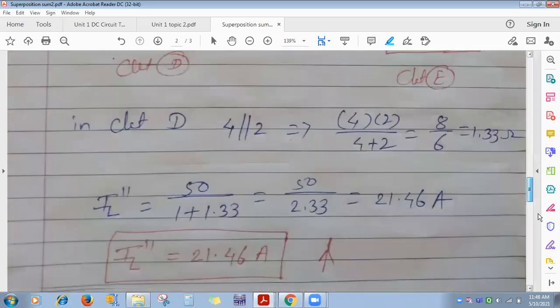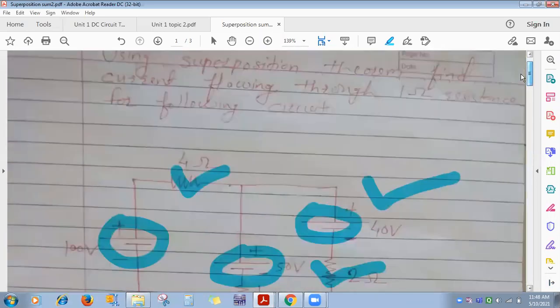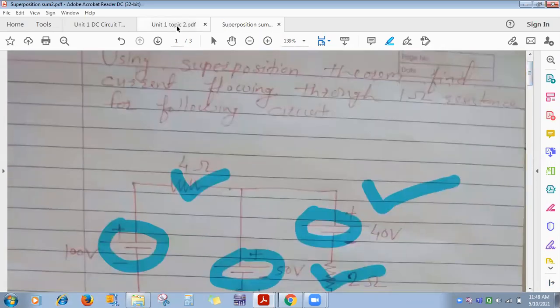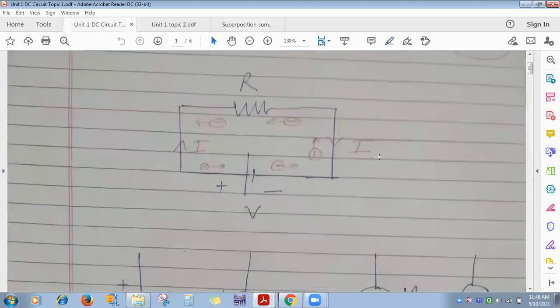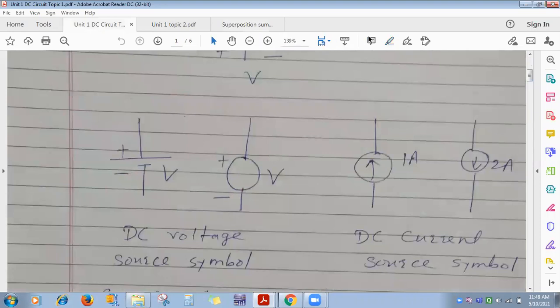It's a combination of resistances and various sources. Which ones? DC current source and DC voltage source. See here, this is a symbol used for a DC voltage source. You can use any of these two, either the first one or second one.